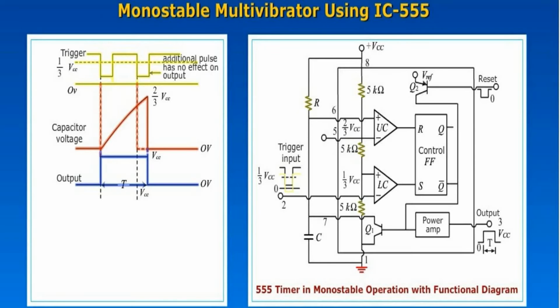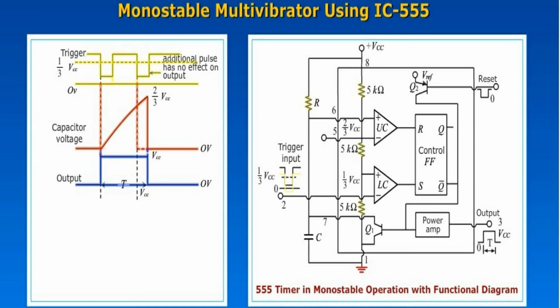Here the transistor Q1 is connected parallel to the capacitor C. Hence the capacitor is short circuited and connected to the ground. Now the capacitor starts discharging to the ground. The monostable multivibrator output goes to the low.